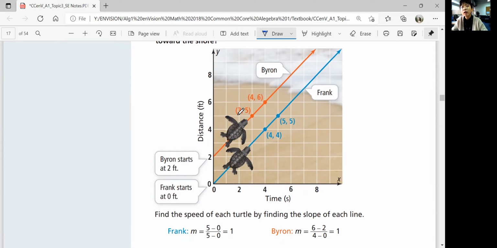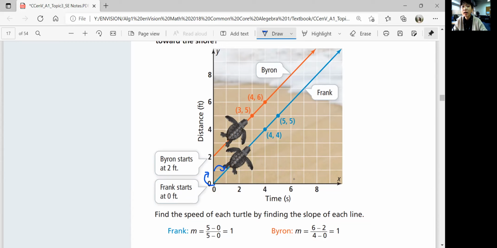Like how far are they going in terms of each second. So we have distance for y, time for x. So that means they have a relationship. Okay, so Frank, the blue line, we can count 1 over and 1 up and 1 over.